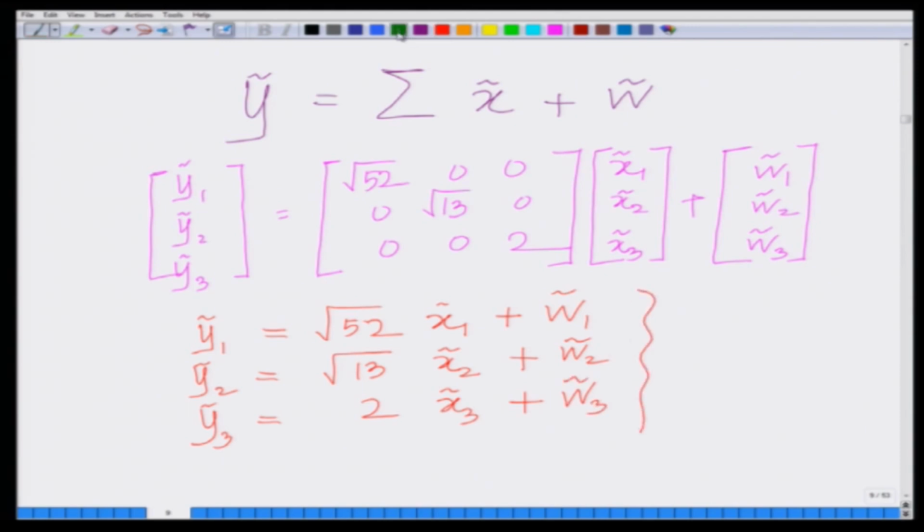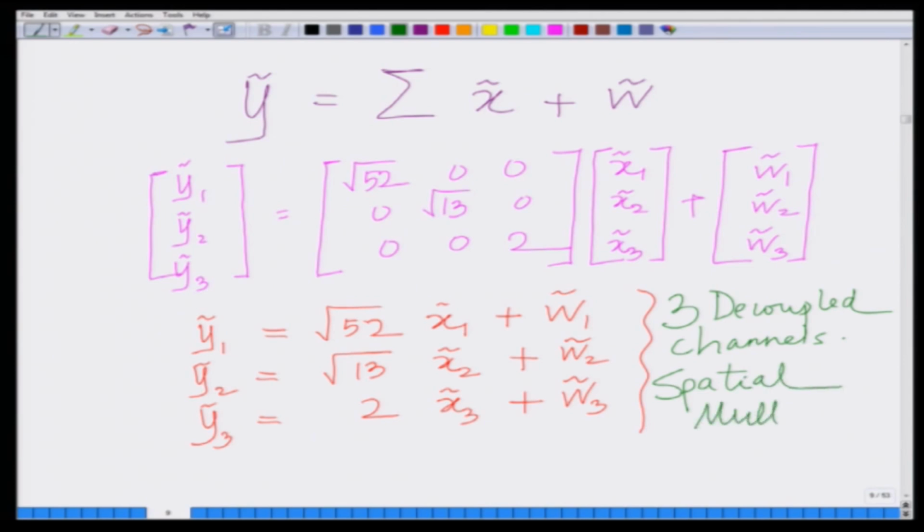So, what do I have as a result? I have 3 decoupled channels, and this is spatial multiplexing. Why is this spatial multiplexing?